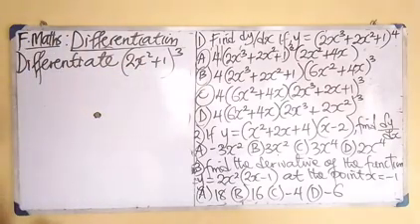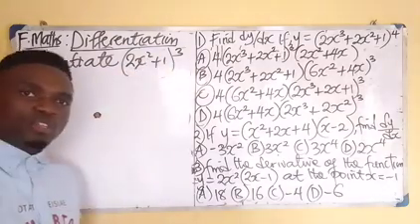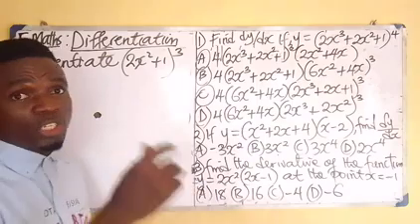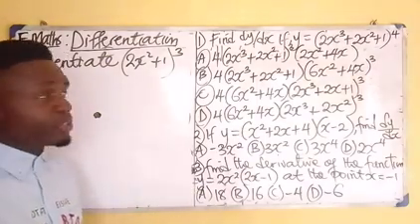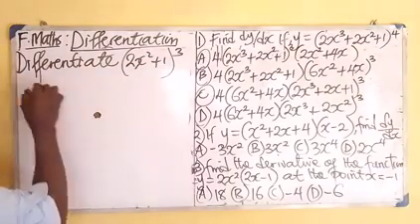You can observe that this one is different from the first one I illustrated, when I was given a general formula that expresses differentiation. So this is a bit different. What will I do?